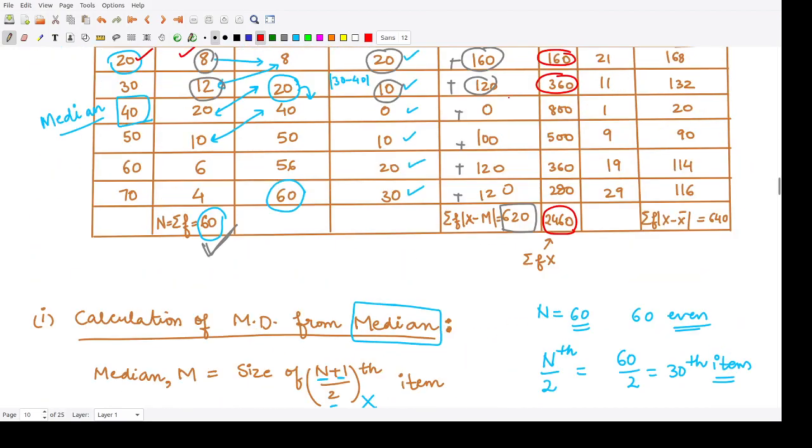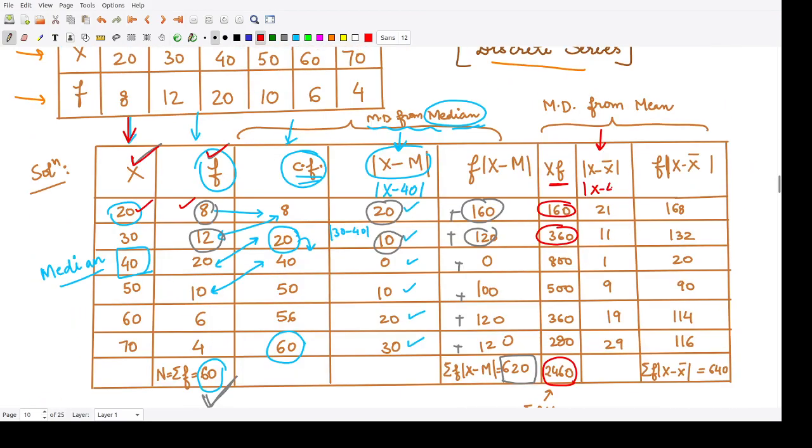This is the mean, right? So x minus 41 modulus. Firstly you subtract 20 minus 41 and take its modulus, so it would be 21. Then 30 minus 41 modulus would be 11, and then 40 minus 41 modulus would be 1, and so on. So this is x minus x bar mod.